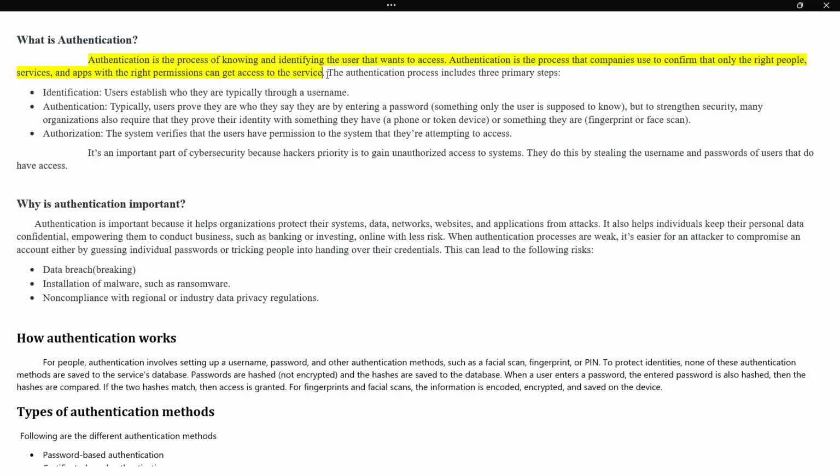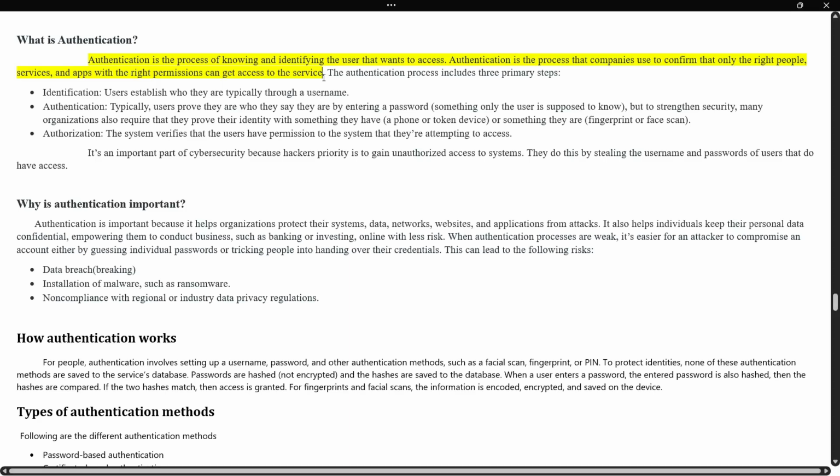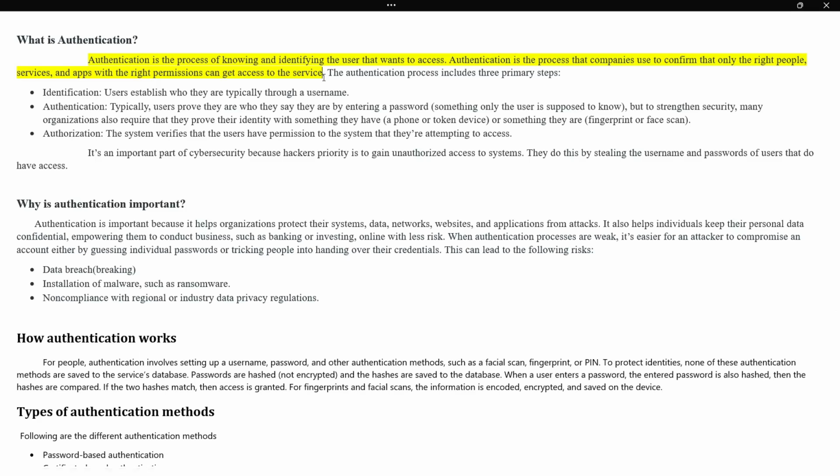So the first step is to identify who is ringing the bell. Once we identify, yes, I know this person, let's give the permission. Then we will open the door and ask them to come inside. So this is how we identify that person.